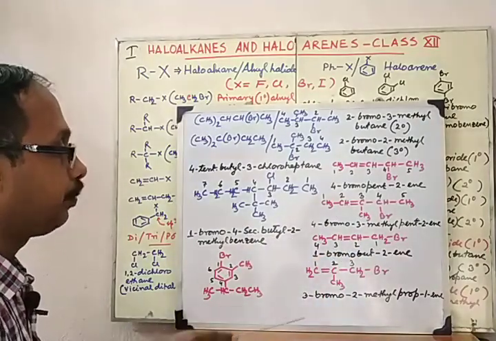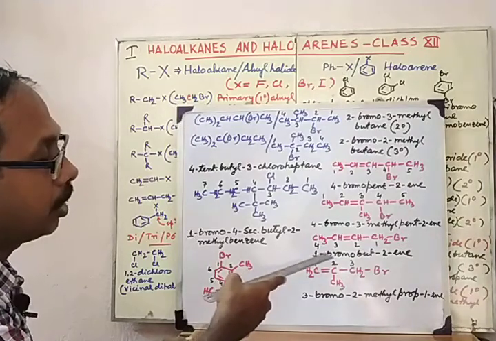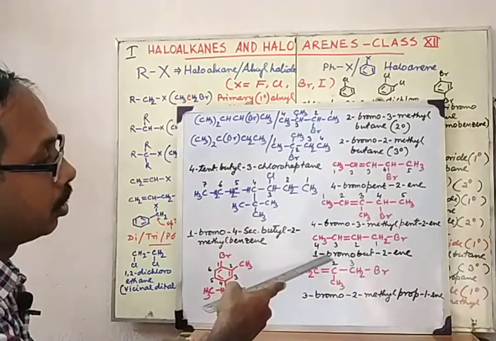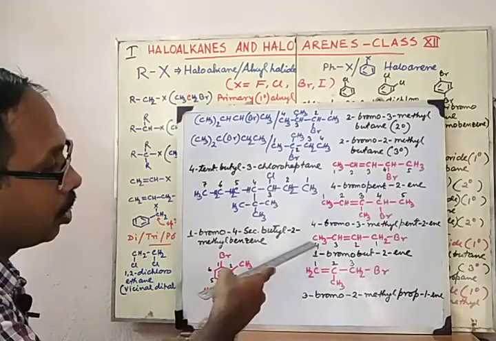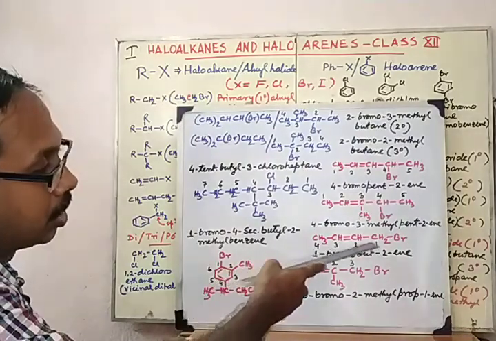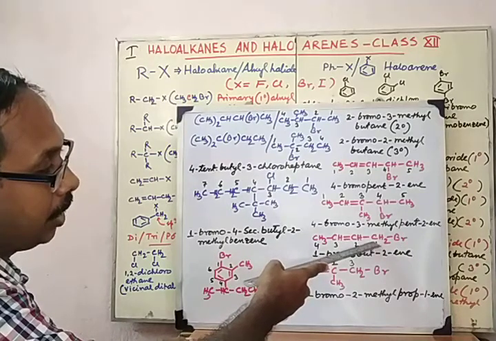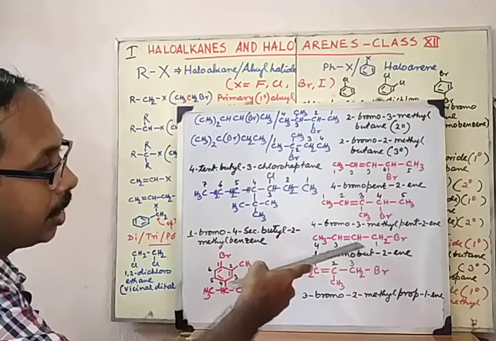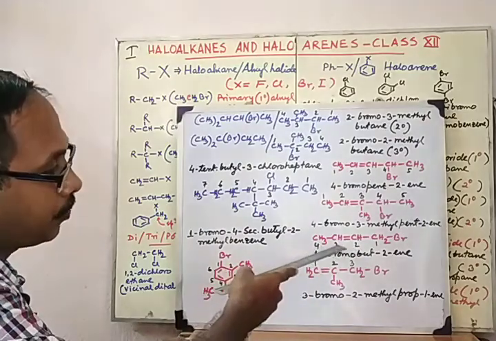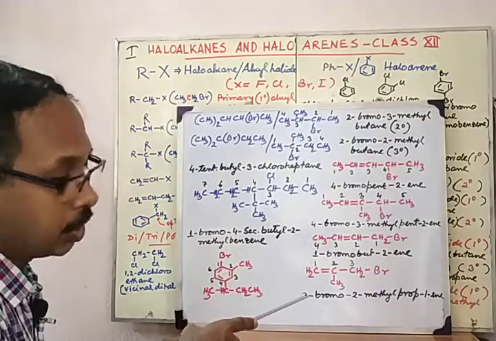Okay, next this one here, if we follow that, why the counting is done from the right side, why it is not done from the left side? Because you can follow that counting of the unsaturation coming from the right side, it is also at the 2nd position, from the left side it is also at the 2nd position.